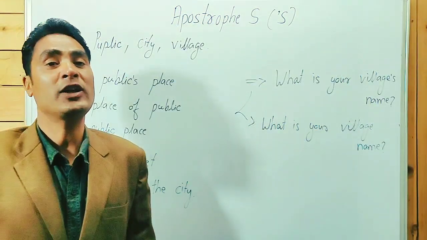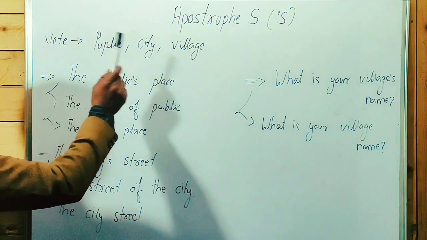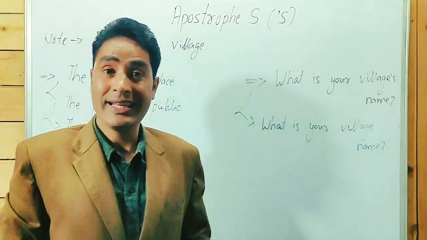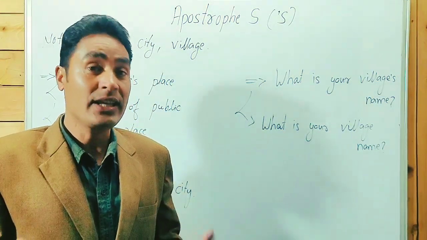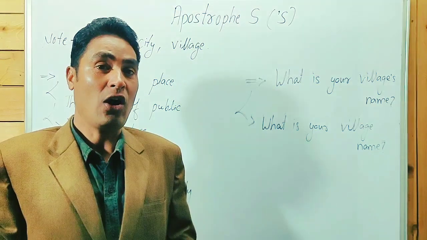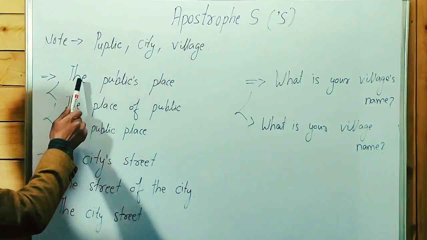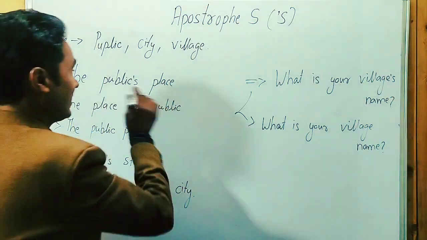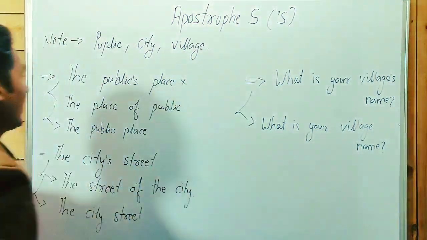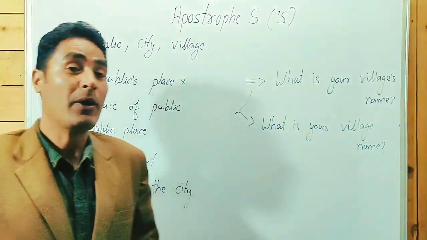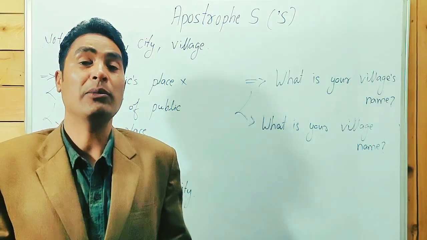My dear friends, point to be noted. Public, city, village. With these 3 words, we can use neither apostrophe s structure nor of system. The public's place, incorrect phrase. We can't say, this is a public's place.